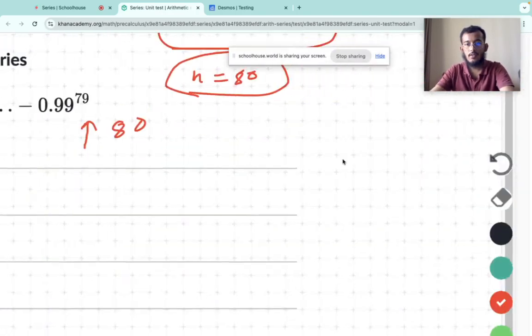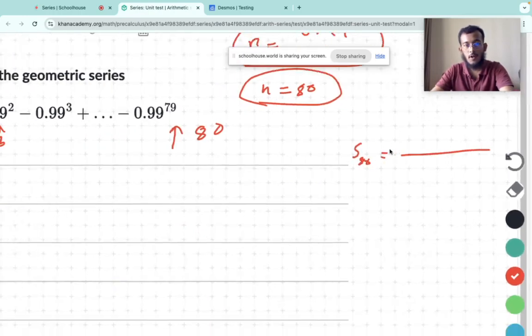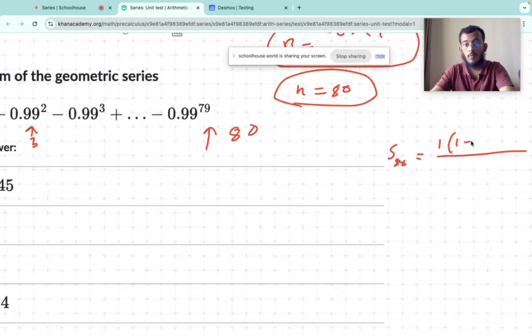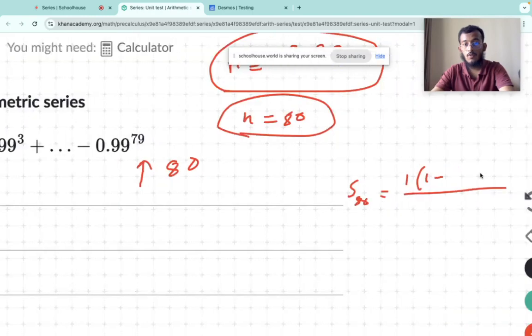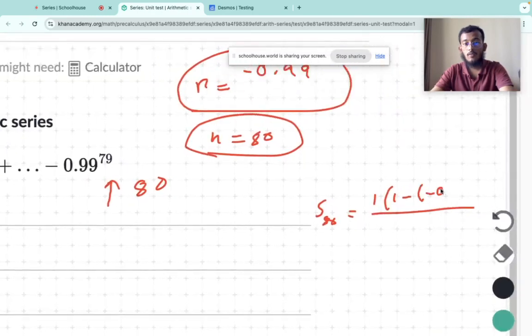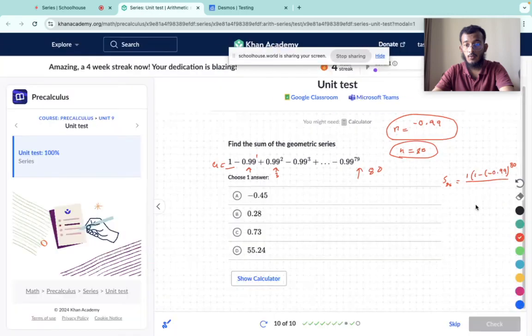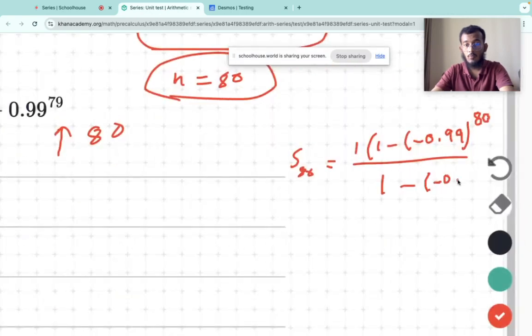S sub 80 is equal to the first term, 1, times 1 minus the common ratio, which is negative 0.99, to the power 80, because that is the number of terms, over 1 minus the common ratio, which is negative 0.99.